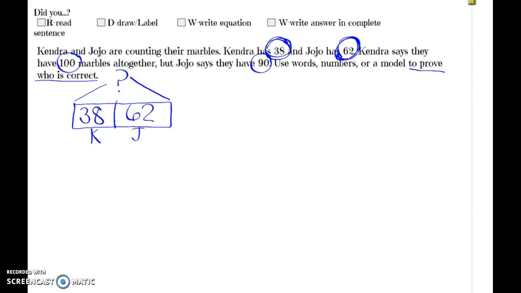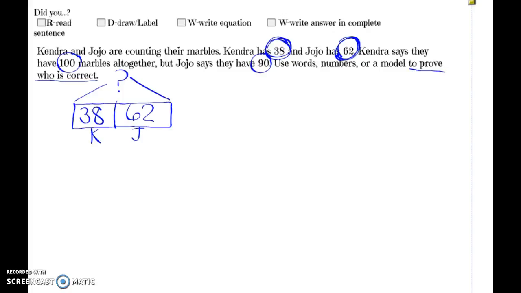Kendra's saying that they're going to have 100, but JoJo says they're going to have 90. So to prove this problem, since we have been working with vertical addition and new units, we're going to solve this vertically.